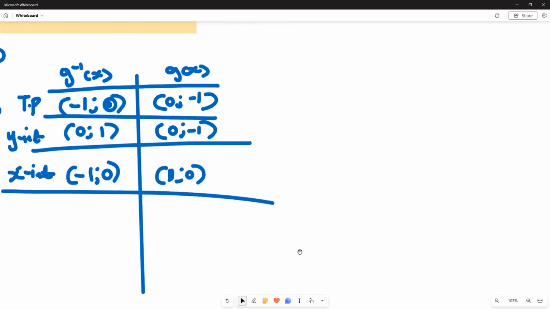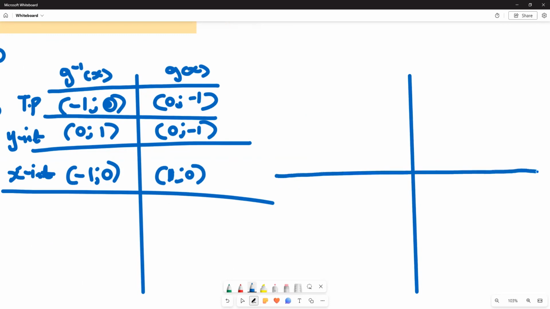Let's quickly sketch them here. We have this. We have that. Remember, you always need to show your axis of symmetry line first. That is the first thing you show before you even sketch. It's y equals x.